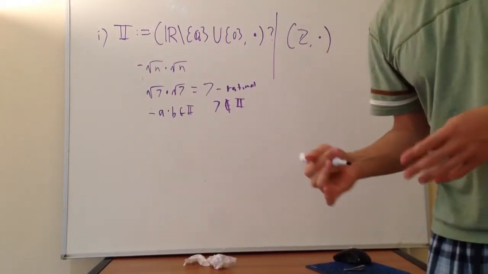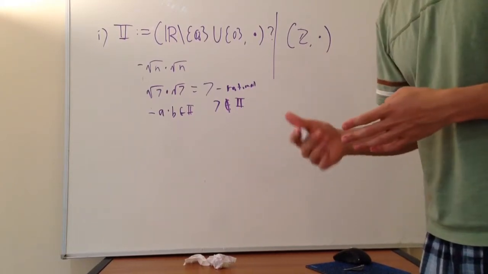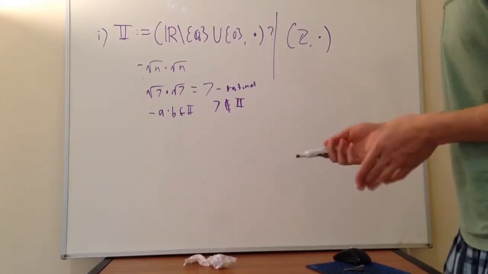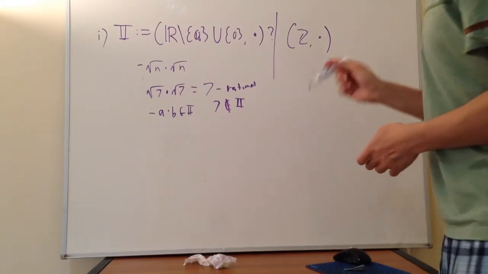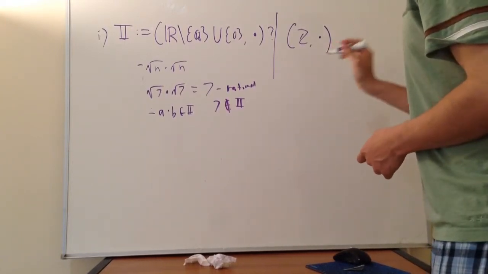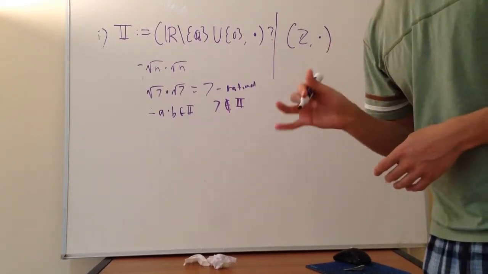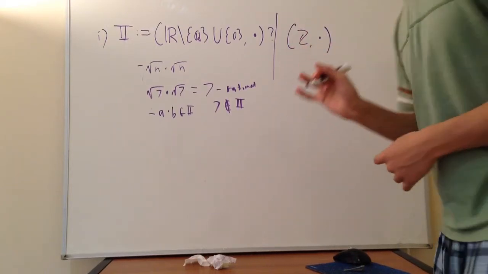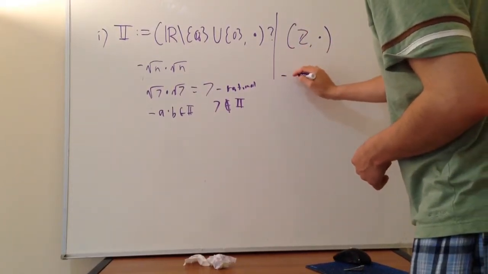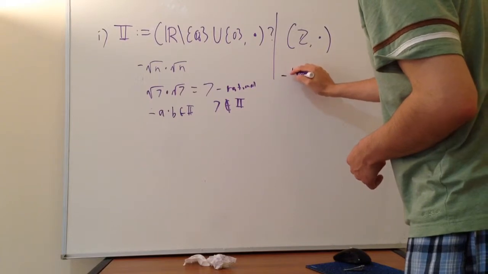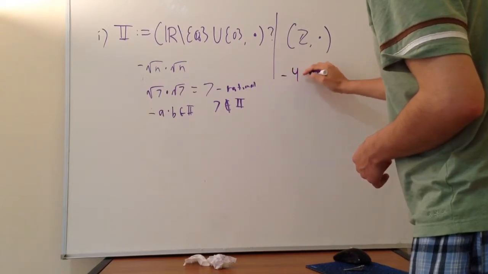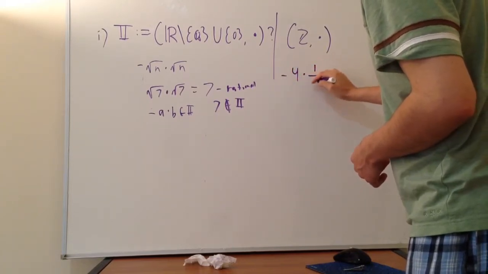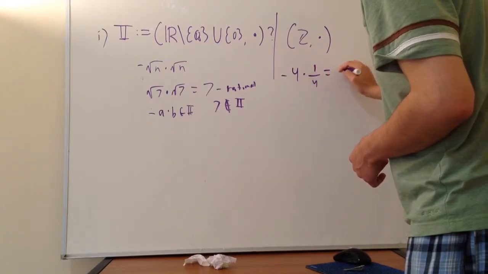Now, this looks a little weird because the integers under addition are indeed a group, and I think I've maybe shown that already. But under multiplication, they're not. So I'm just going to skip right to the step where I show that they are not a group. Consider something like 4. 4 times 1 over 4, of course, gives us 1.